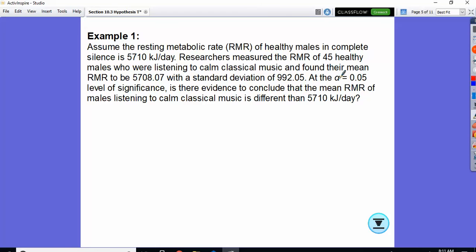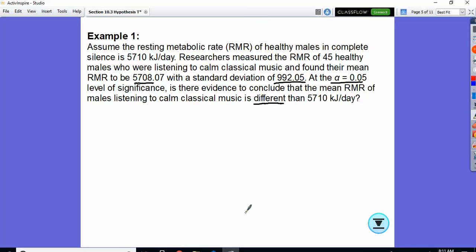Researchers measured the RMR of 45 healthy males who were listening to calm classical music and found the mean to be 5,708.07 with a standard deviation of 992.05. At the alpha equals 0.05 level of significance, is there evidence to conclude that the mean RMR of males listening to calm classical music is different than 5,710?